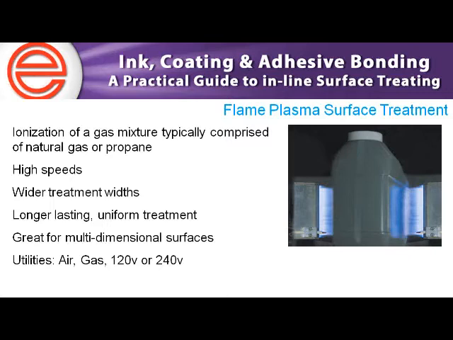The gap between the head and the product is very forgiving with the flame plasma. We'll talk a little bit about that at the end of our presentation. But anything that has lots of contours to it, maybe you need to get inside of an area that's very difficult to reach, a flame plasma system is going to work great for you. Utilities, once again, natural gas or propane, compressed air, and 120 or 240 volt electrical.